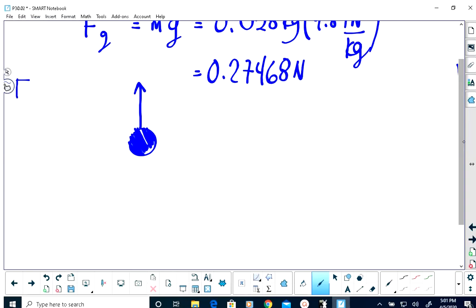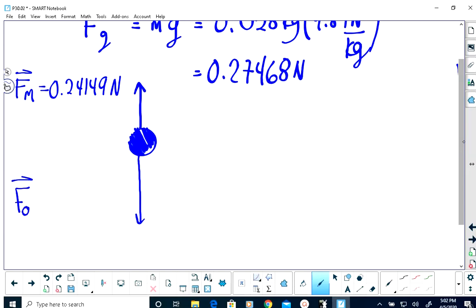And we have a gravitational force which is slightly bigger.